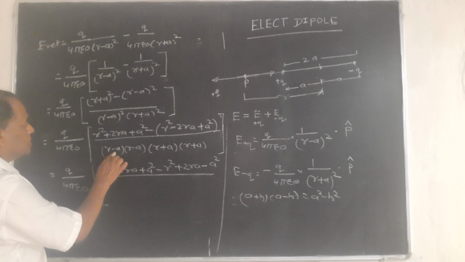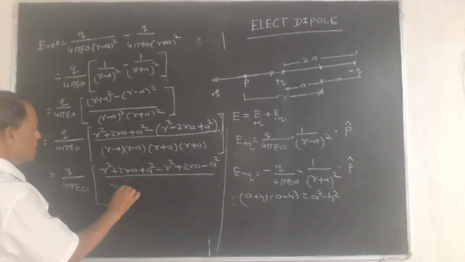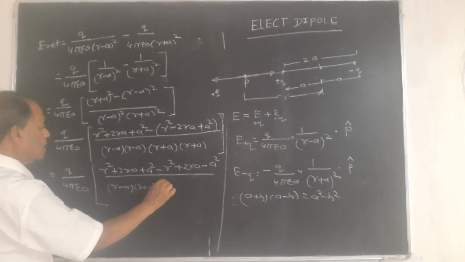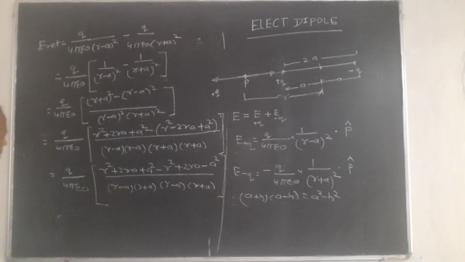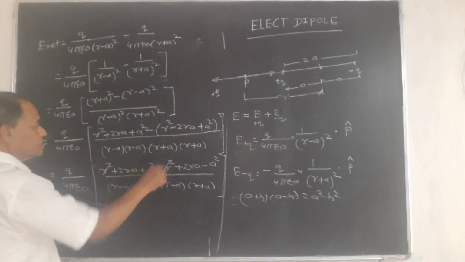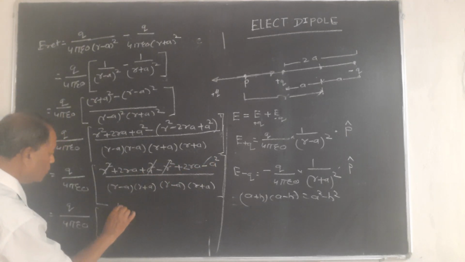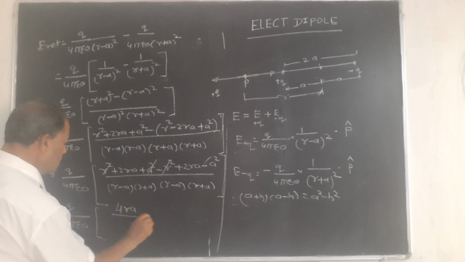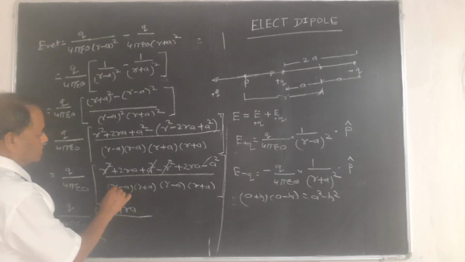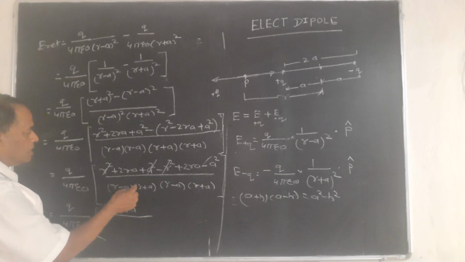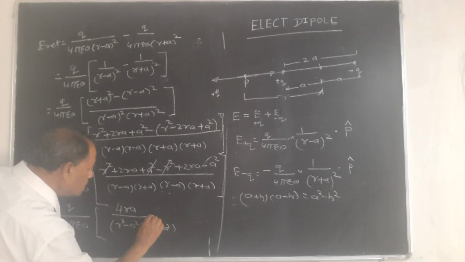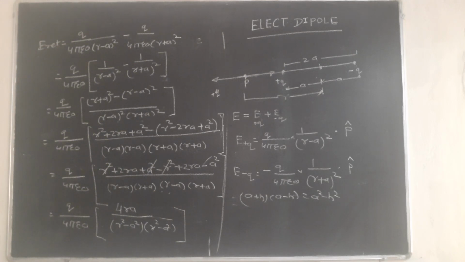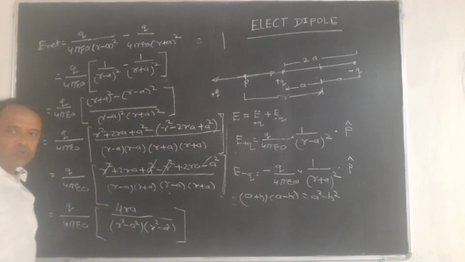So (r minus a)(r plus a), again (r minus a)(r plus a). r square cancels, a square cancels, and what remains is 4ra divided by r square minus a square, again the same r square minus a square. Please note this down.